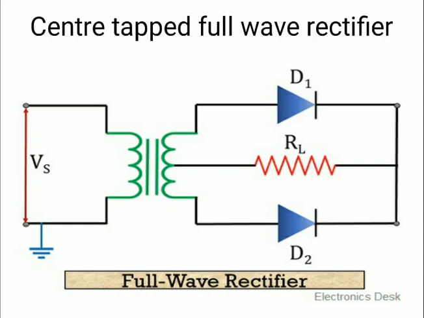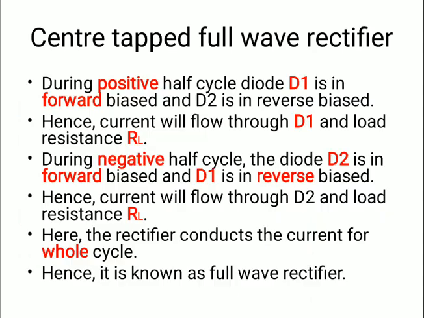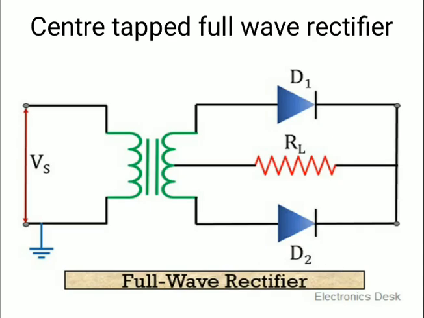Now let us understand how it works. First, what happens during the positive half cycle? I hope you know what the positive half cycle and the negative half cycle mean, because a rectifier converts AC into pulsating DC, and AC is the combination of the positive and negative half cycles.